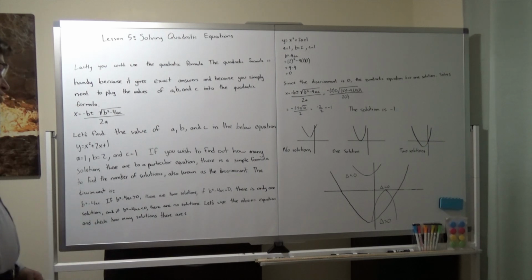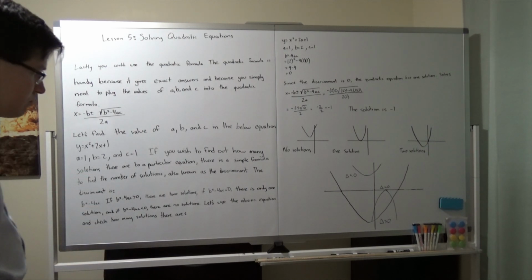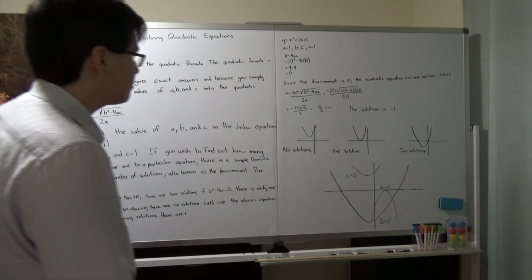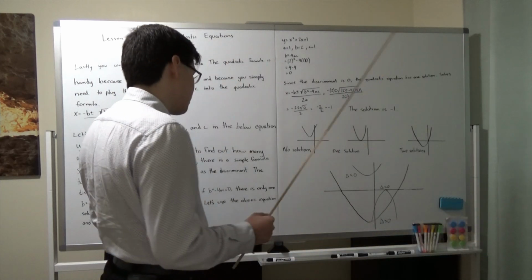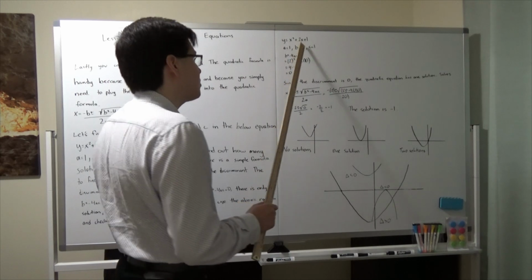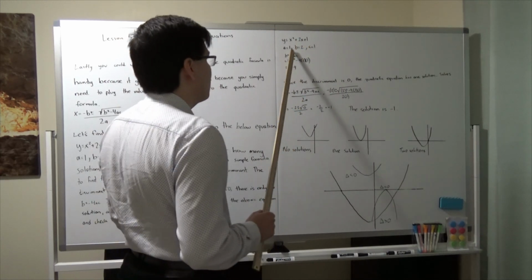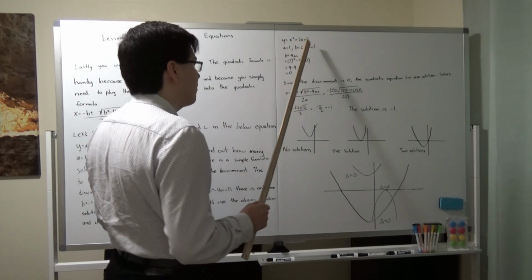Let's use the above equation and check how many solutions there are. Y equals x squared plus 2x plus 1. A is 1, b is 2, c is 1.